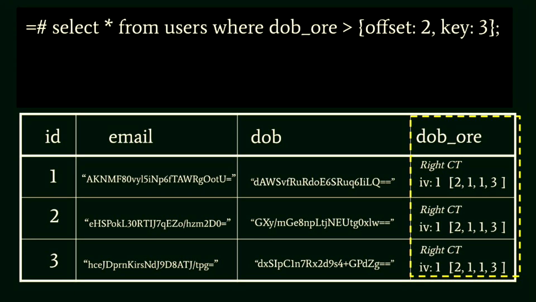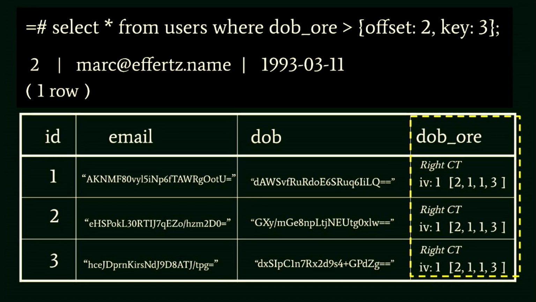And when we do our query, instead of querying our date of birth column, we'd point to our ORE column, and our query would include the left ciphertext. When compared with the right ciphertext, we'd then be able to determine whether the plain text value of that right ciphertext is equal to, less than, or greater than, and we would get a record returned.